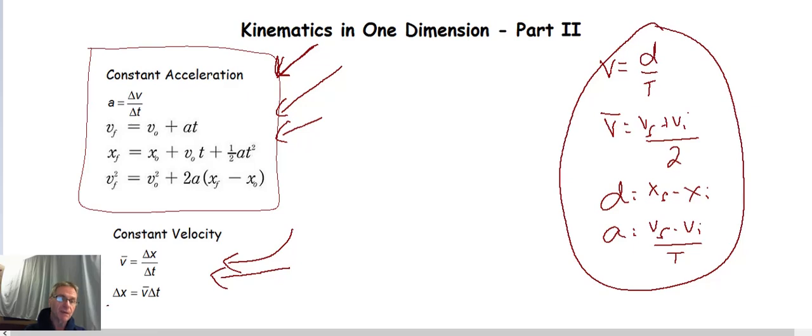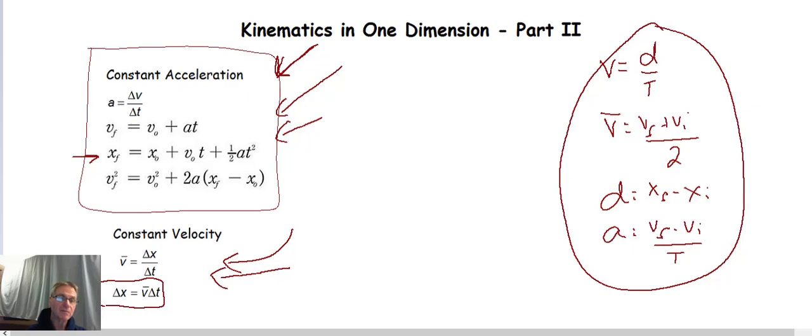For example, this equation: the change in position is equal to the average velocity times time. If we look at the general equation, the change in position is equal to the initial position plus the initial velocity times time plus a half a t squared.